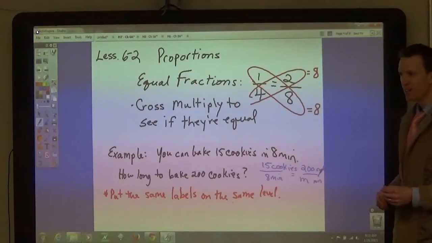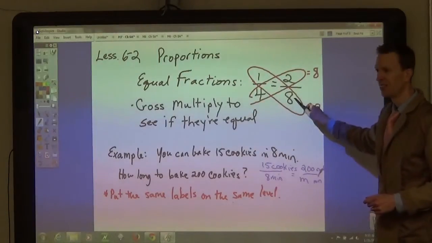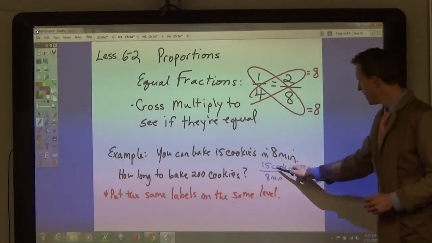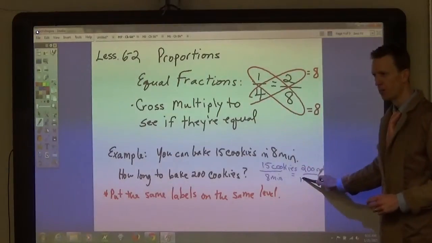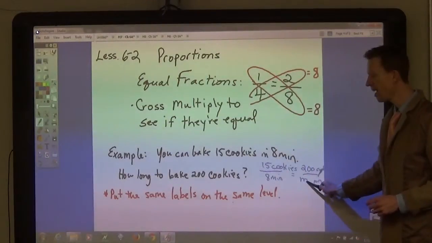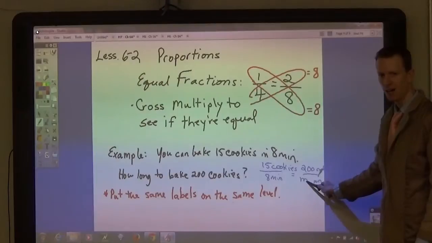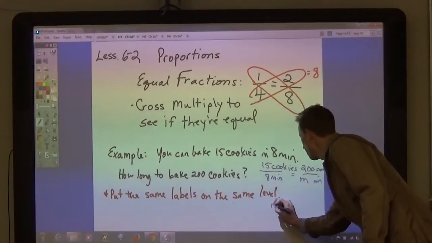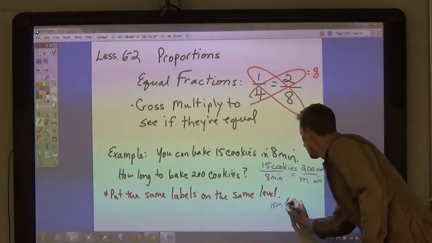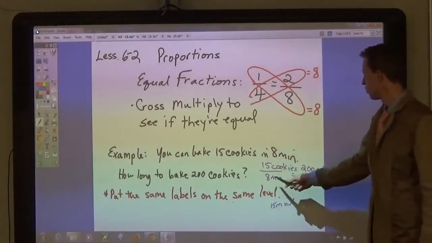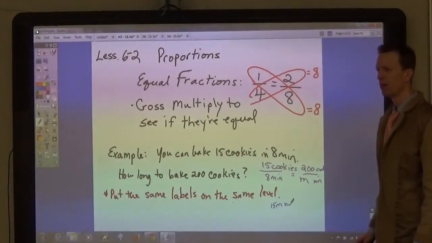Then how do we find the answer? You multiply across, because we know that these two products, the product of 15 and m, what's 15 times m? 15m. So we know then that 15m equals, what's 8 times 200?